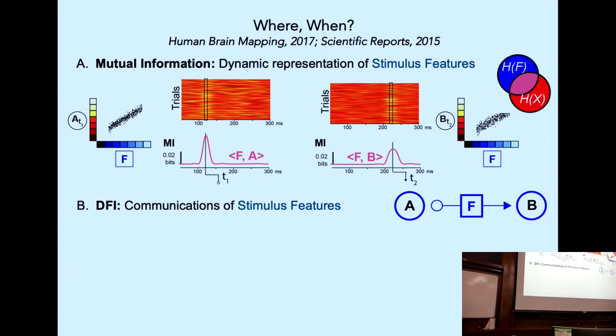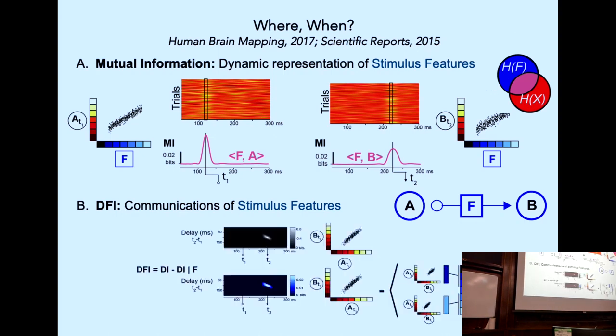That's important because it gets us to some kind of cognitive explanation of communications in the brain. And the answer is yes, we've developed a measure that does this, that's called directed feature information. I will not go over it. It's simply a development of transfer entropy that enables us to conclude the transfer that you are seeing is about a feature. The transfer between two sources, that is.